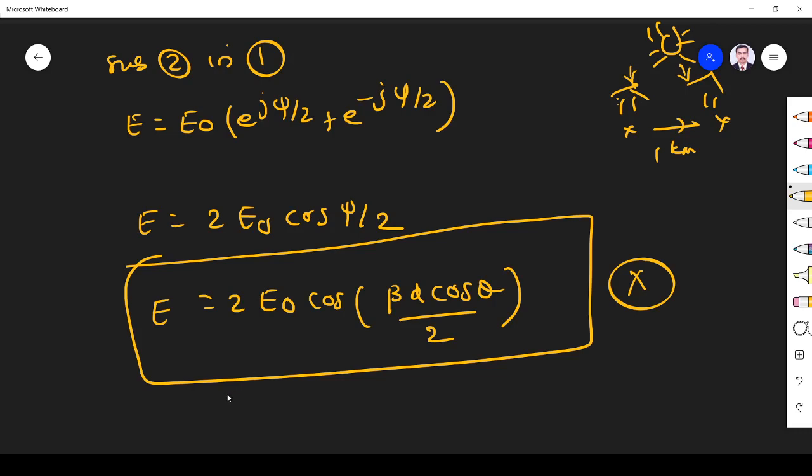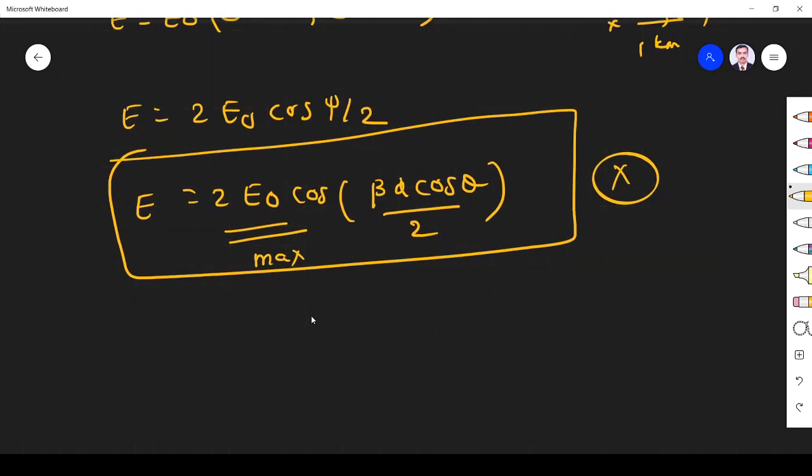Here this is the maximum amplitude of the electric field, right? If you want to normalize, you have to divide any value by the maximum value. So E by E max is what we call E normalized. E max is the maximum electric field amplitude, 2 E naught.